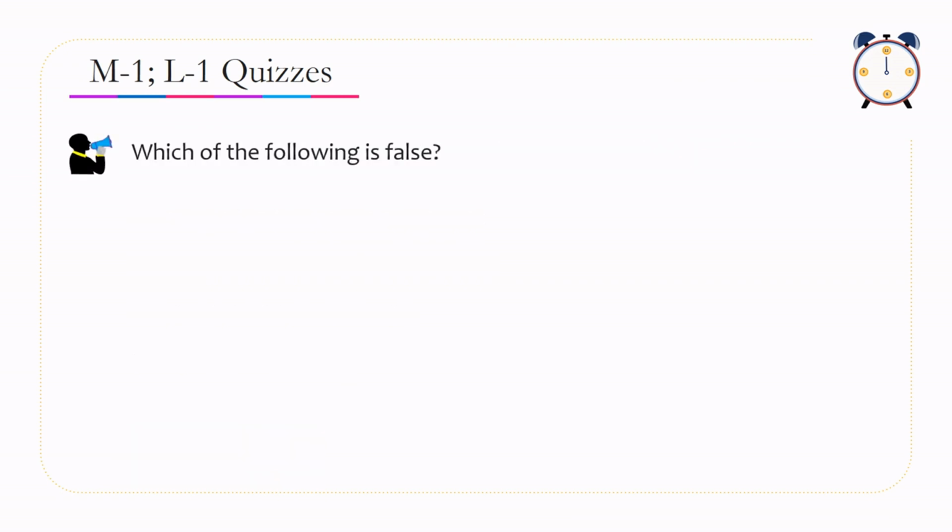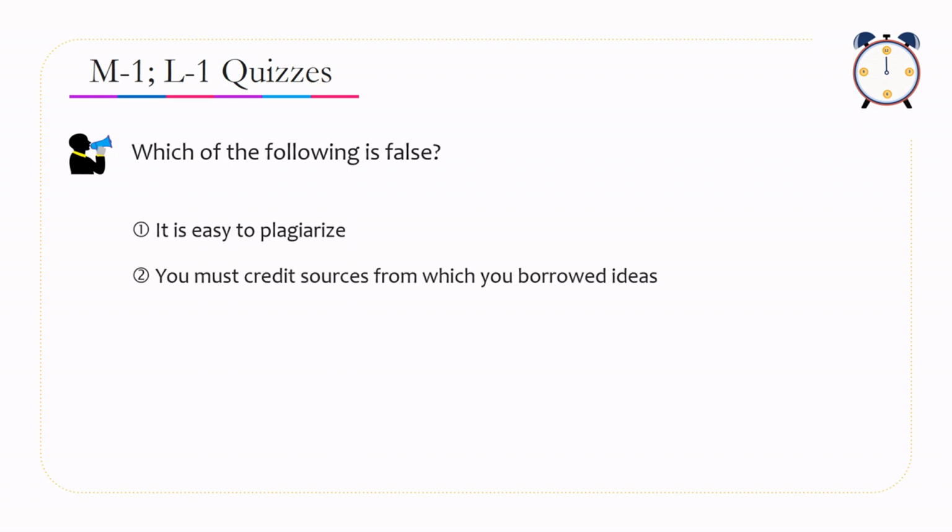Next question. Which of the following is false? The options are 1. It is easy to plagiarize. 2. You must credit sources from which you borrowed ideas. Your time starts now. What is the answer? Option 1 is correct.